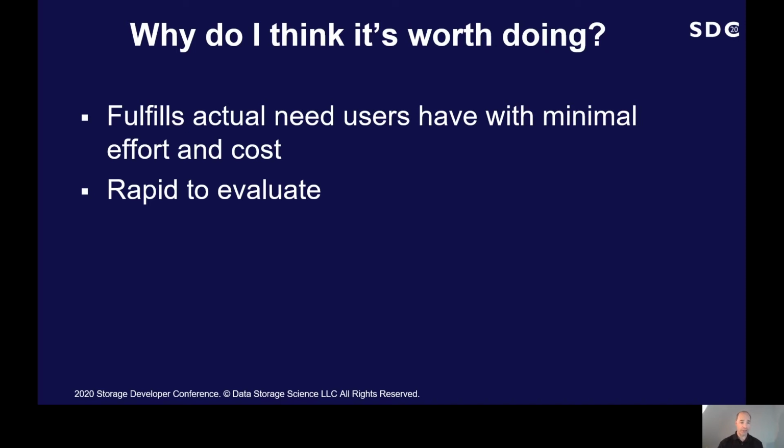And one of the other nice things about how simple it is is that it's really rapid to evaluate. It takes a very short time to implement an entire MinIO cluster. It takes very little effort to get the NVMe array set up and exposed to the clients. It takes the clients very little effort to start accessing the NVMe storage.